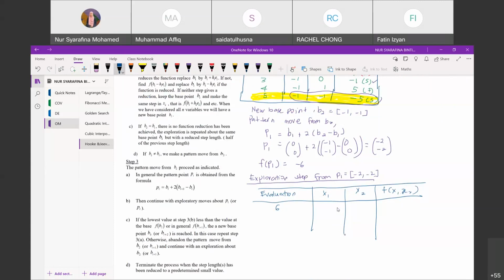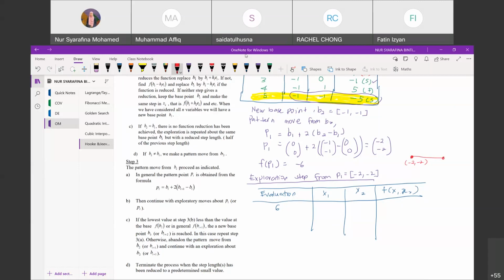So now this is negative 2, negative 2. We move to the right with a step length of h.